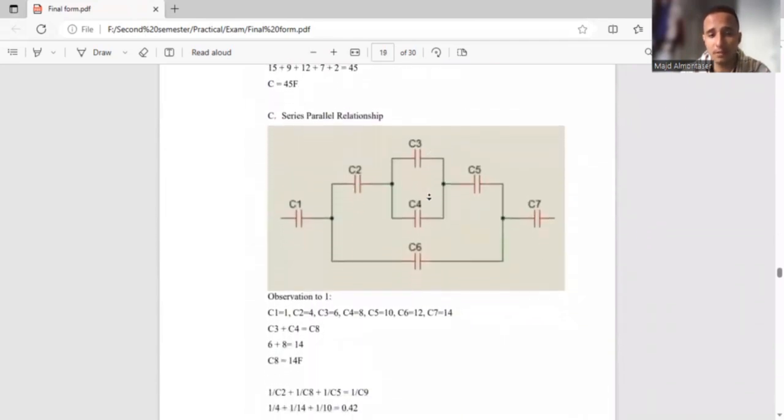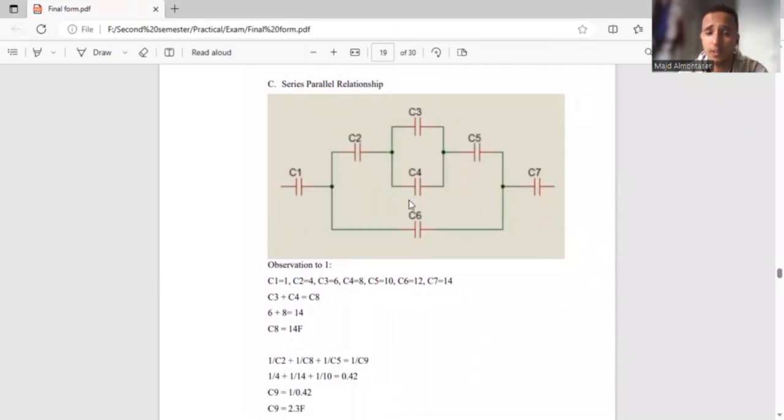Here's the series, and here's the series parallel connection. It's the same thing as we did with the resistance. You have to calculate them manually. You look for the simple things, like here C3 and C4 are in parallel, and because they're capacitors in parallel connections, you only have to add them together. After that, you will get C2 plus C here plus C5 in series.